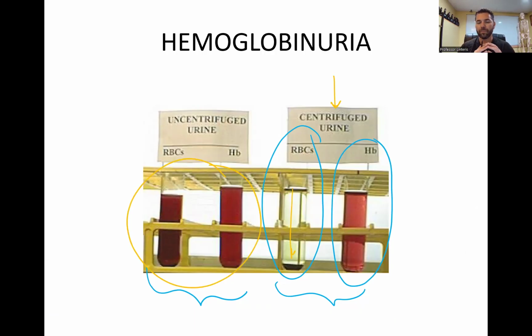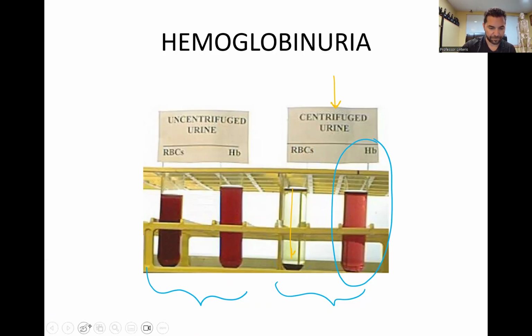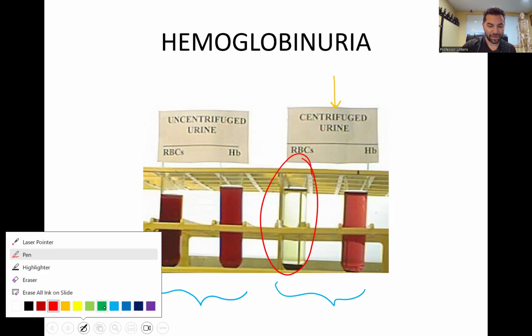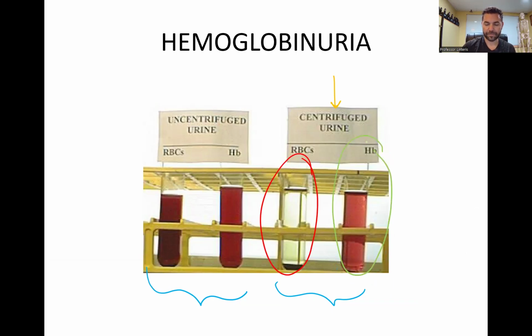If you have some type of disease where your red blood cells are lysing open, and you have hemoglobin, when we centrifuge that, a little bit might go to the bottom, but for the most part, it stays suspended. So this is the difference between hematuria, which is the presence of red blood cells, and hemoglobinuria, which is the presence of hemoglobin.